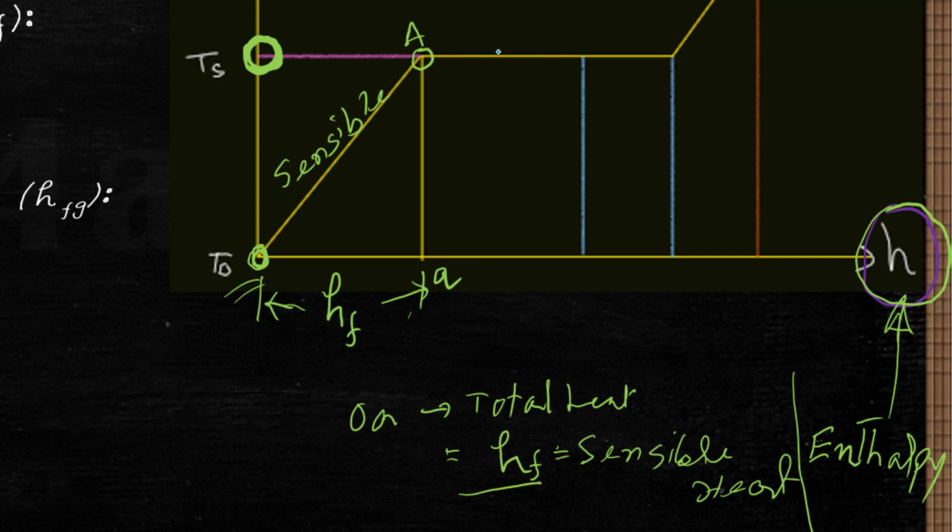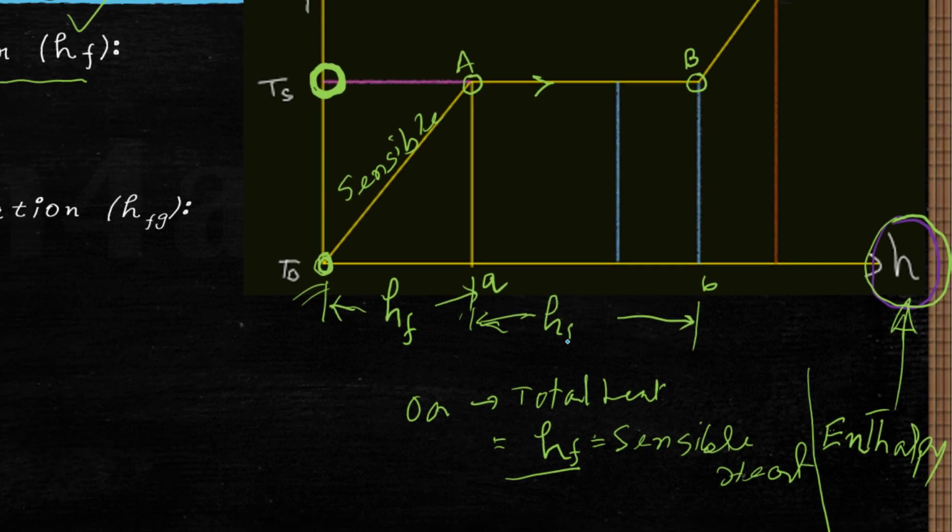Now suppose we increase the temperature to point B. So from A to B, we will represent it like this. Say this is point B. This amount of heat, H meaning enthalpy, is called HFG.